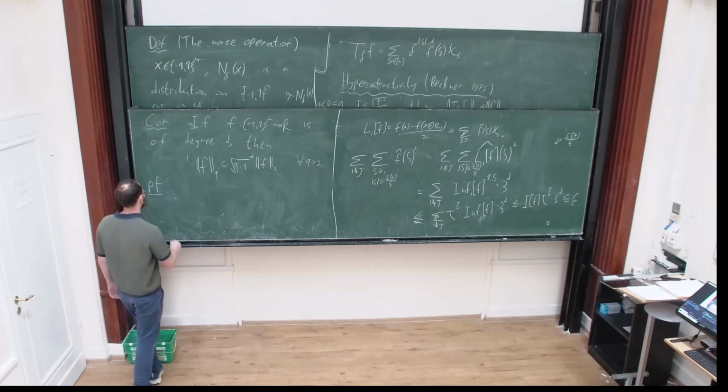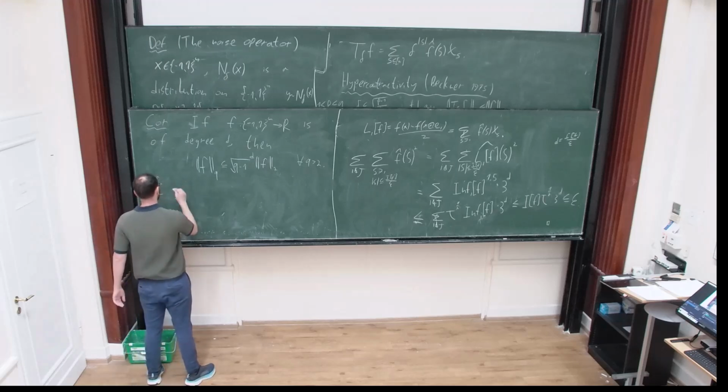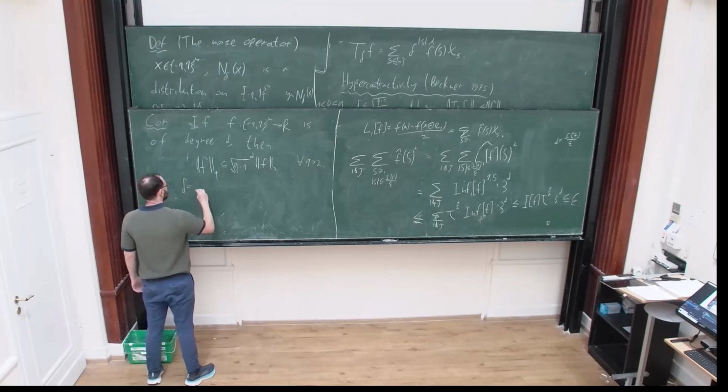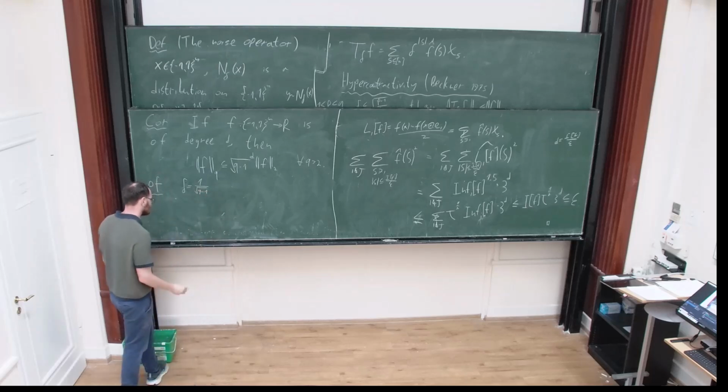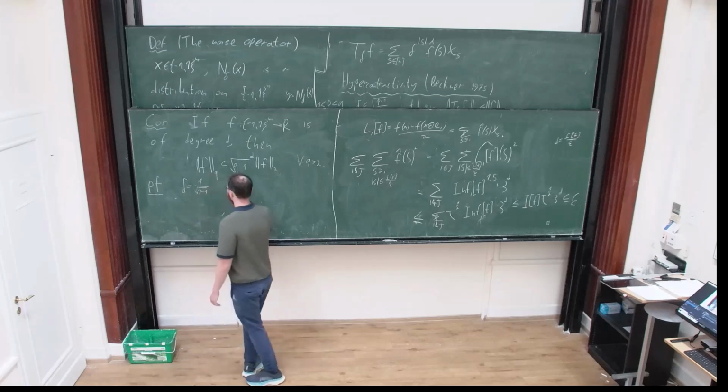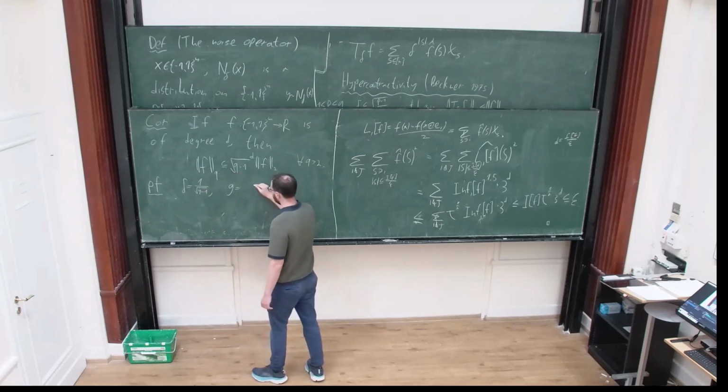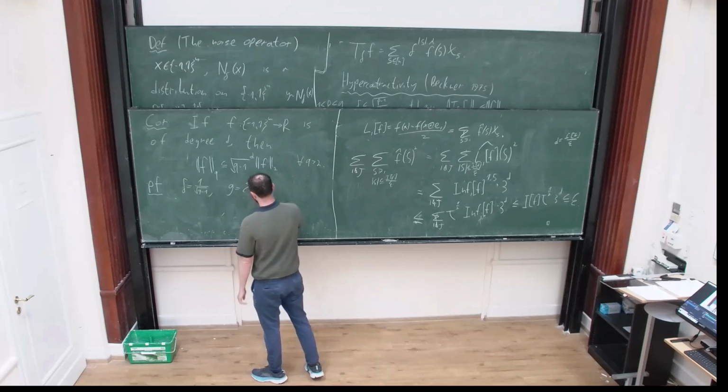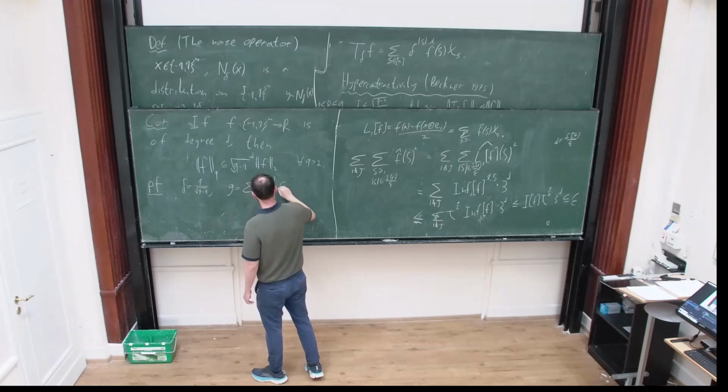And the proof is that you set delta to be 1 over the square root of q minus 1. And then you can define this function g to be the sum over S of delta to the minus |S| times f-hat of S times chi_S. And then T_delta of g is just equal to f.